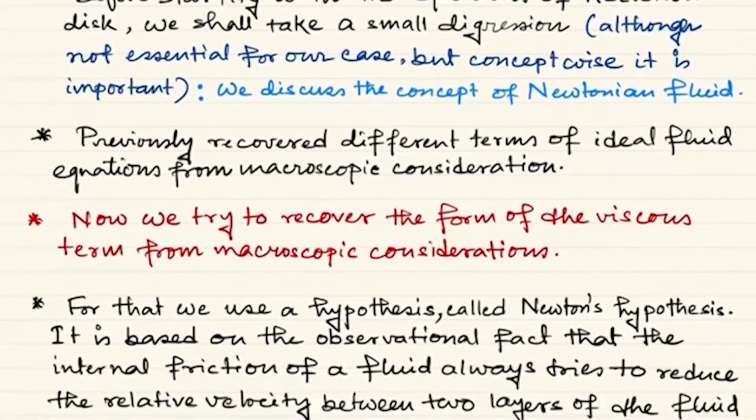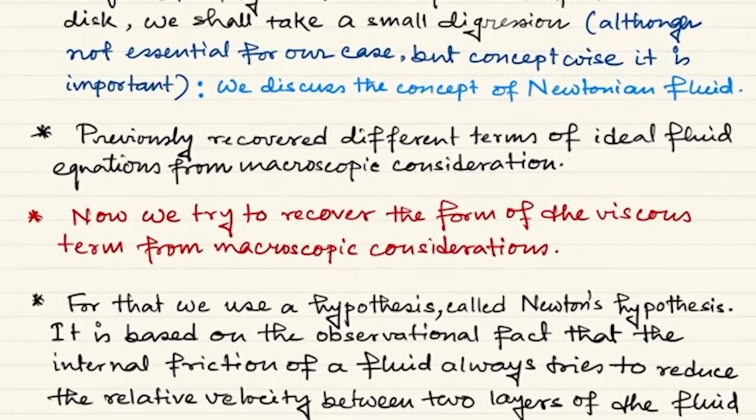Now what we in general call Newton's hypothesis is very intuitive, and it is based on the very basic level definition of viscosity. Observationally it is usually found that the internal friction or the viscous effect of a fluid always tries to reduce the relative velocity between two layers of the fluid.